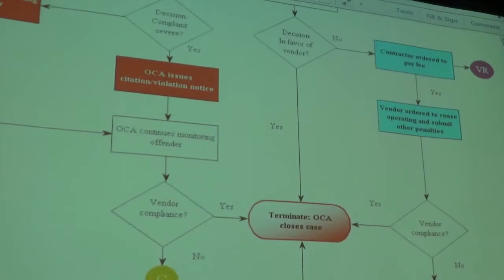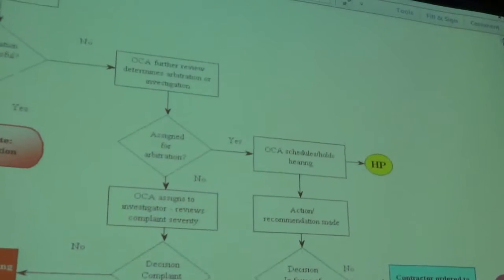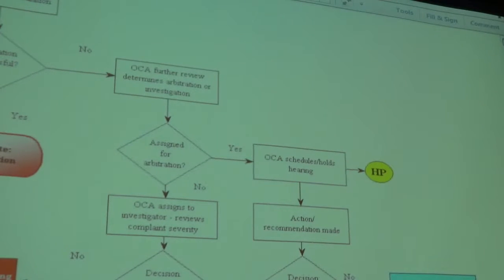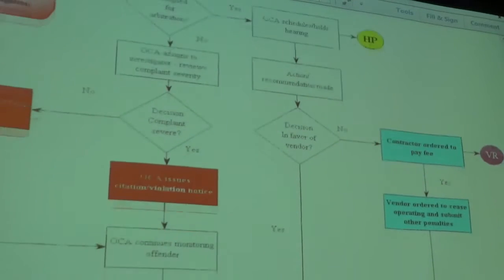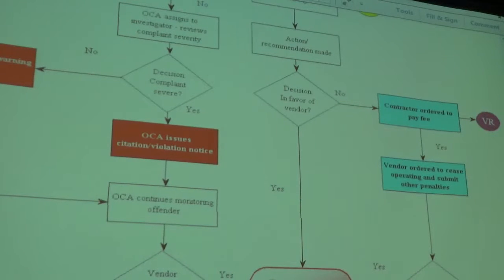Again, looking at a retail complaint, they're going through the process, and it goes to the hearing process. If the decision is favorable to the vendor, it terminates. If it's not favorable to the vendor, it means the person initiating the complaint, the decision was in his or her favor. Then the vendor, the retailer, is ordered to pay a fee.